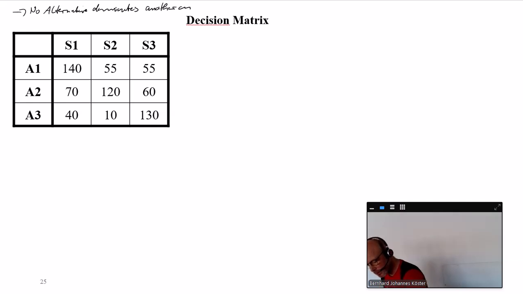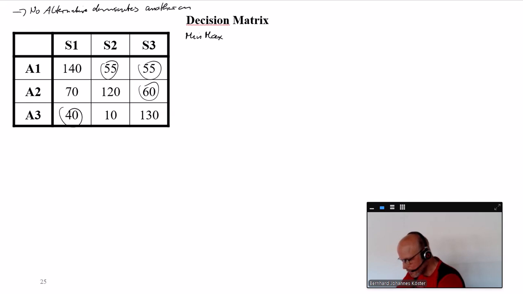Yeah, then let's start with min-max. Since you have already said this, we look at these numbers here, and this then would mean that the 60 is the largest one.